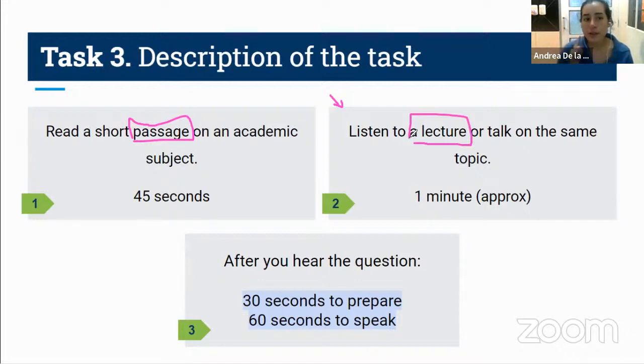So it's something that you will hear. It's a class that you will hear, right? Like you were hearing this class in a certain university. So you will hear the professor speaking about a certain academic topic, right? Now you will get 30 seconds to prepare and 60 to speak, same as in task number 2. Do you guys have any questions about this so far? The format of the question.